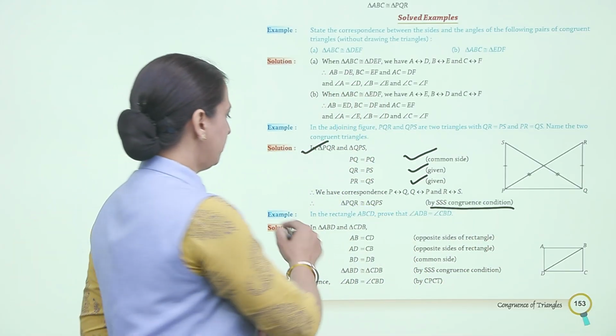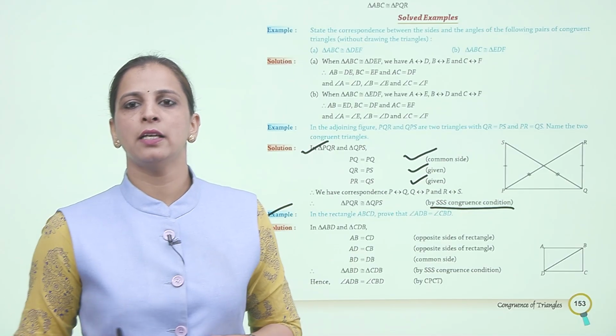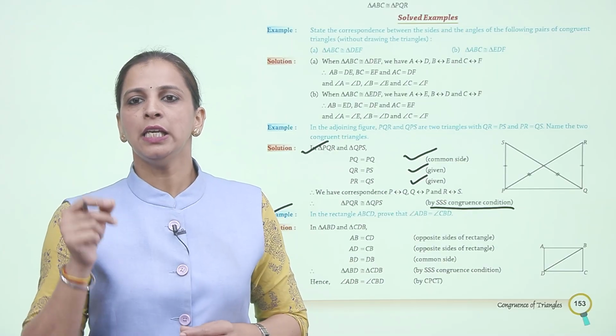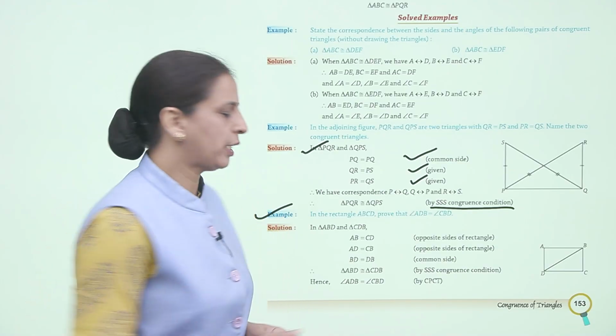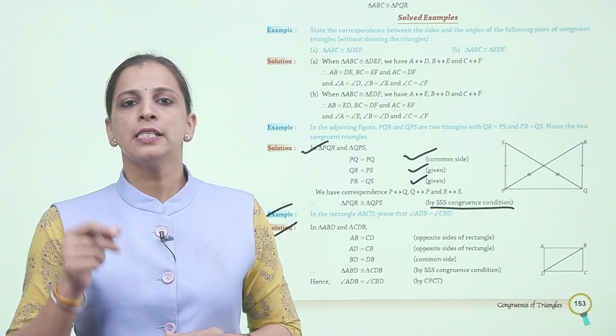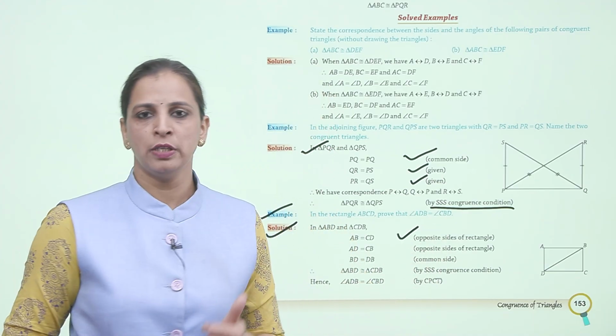Now next example. In the rectangle ABCD, prove that angle ADB is equal to angle CBD. Let's do the solution. In triangle ABD and triangle CDB, AB is equal to CD, opposite sides of rectangle.